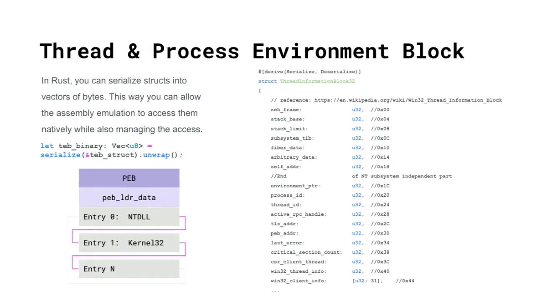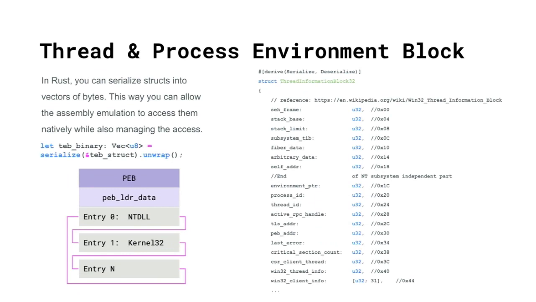All right, the thread and process environment block. I just looked at Wikipedia to get the structs because they're all out there already. You really don't need the whole structs from Windows in order to get all the special stuff underneath. I left it in there in case you wanted to use it, but I don't recommend it because it takes a while to load. Basically, the nice thing about Rust is you can serialize structs into bytes.